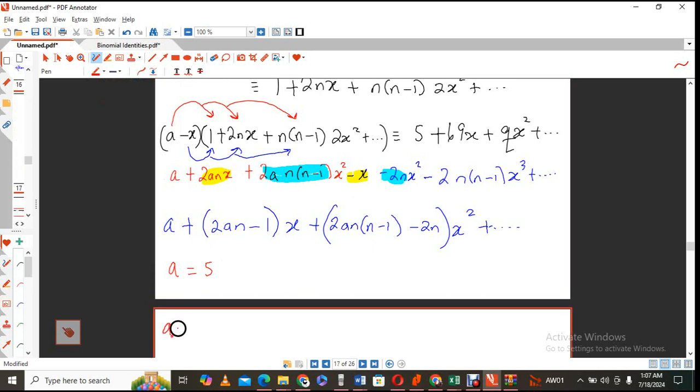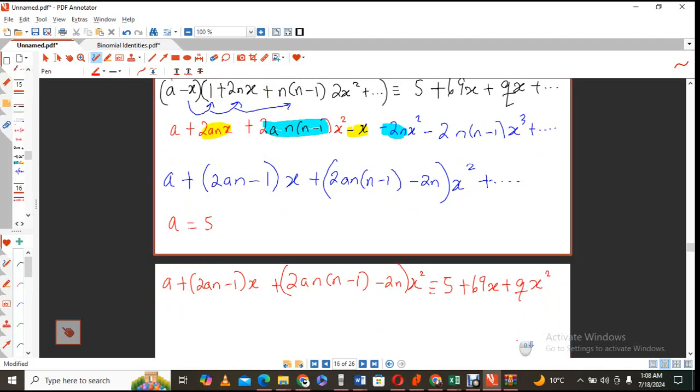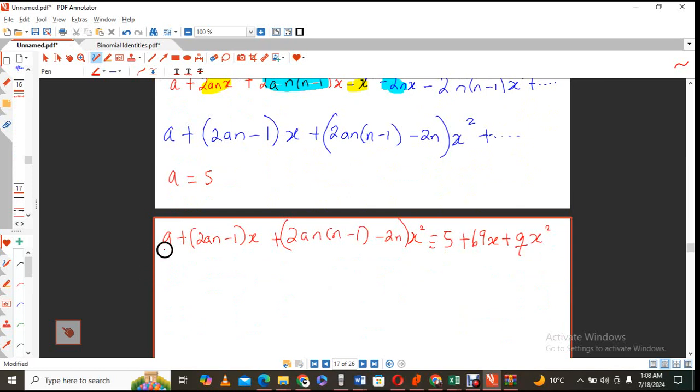So I have A plus 2an minus 1 x plus 2an(n minus 1) minus 2n, this whole business, x squared, is identical to 5 plus 69x plus qx squared. Now let's equate those coefficients, and that is why I was saying that A is equal to 5.